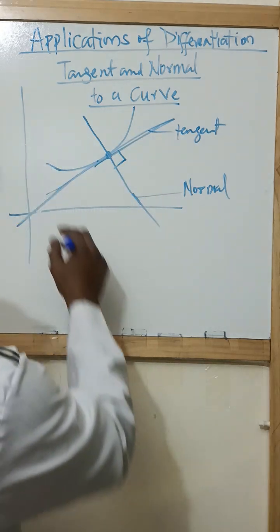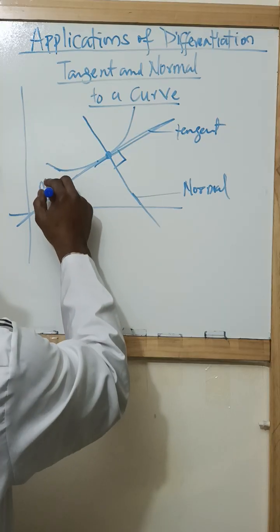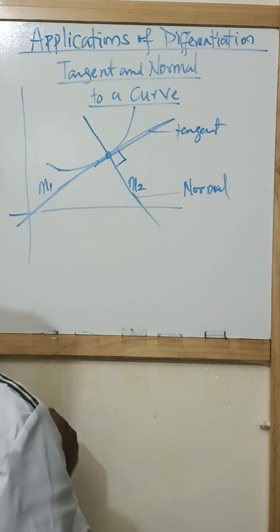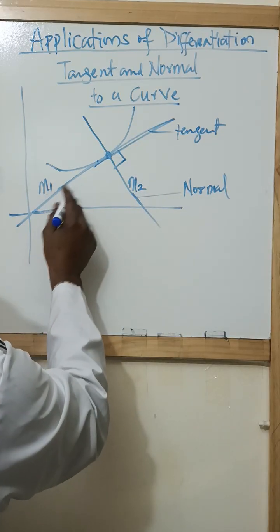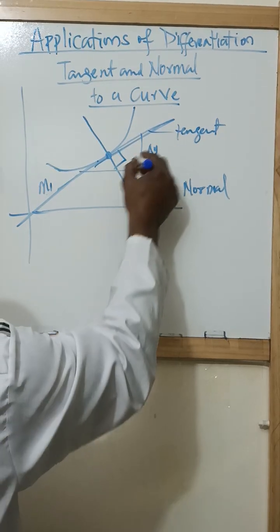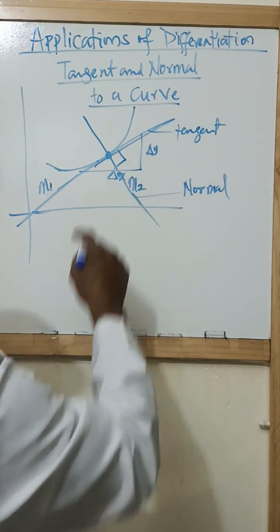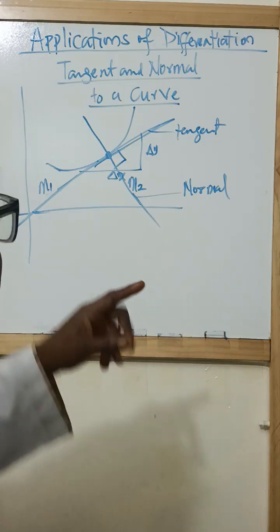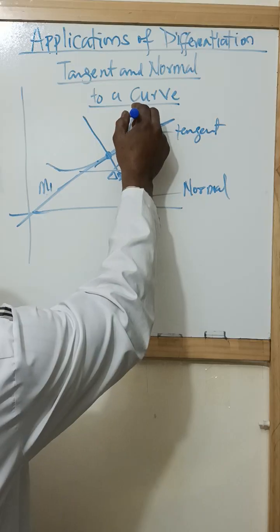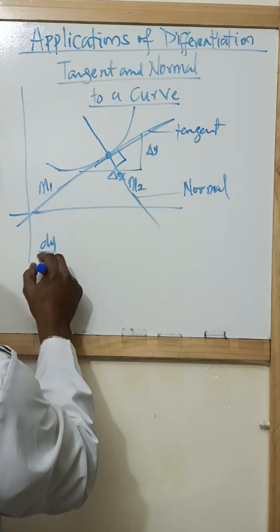Let's call this gradient M1, and call the gradient of the normal M2. The gradient of this tangent, the dy/dx, is the differentiation of this curve.